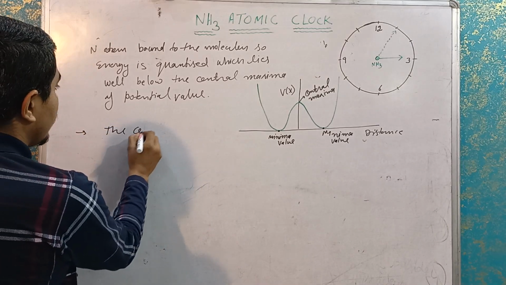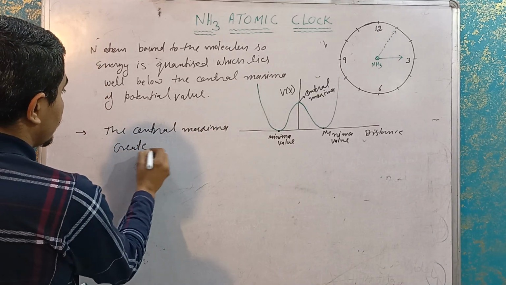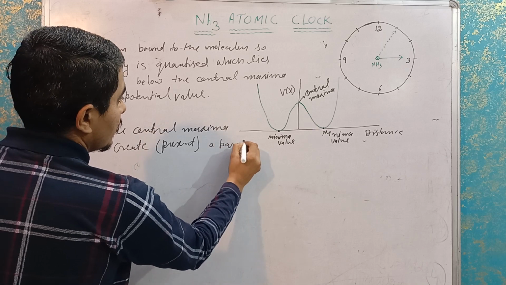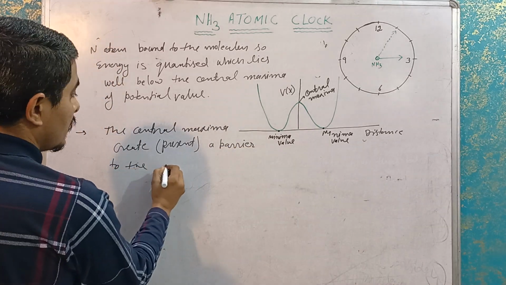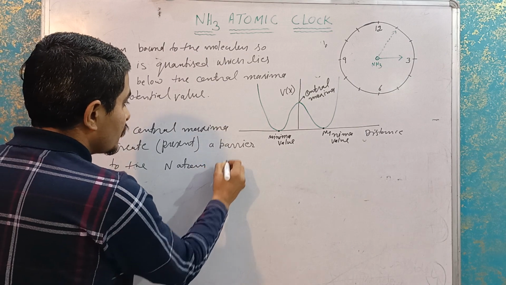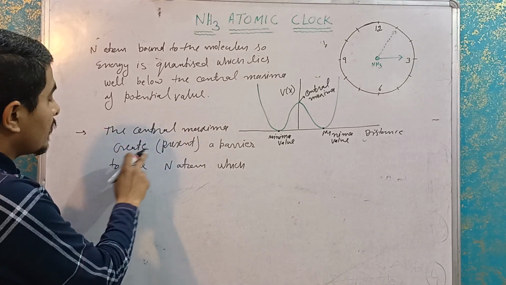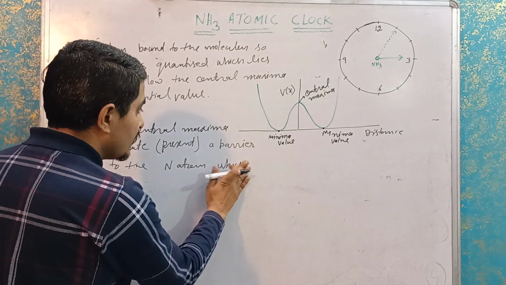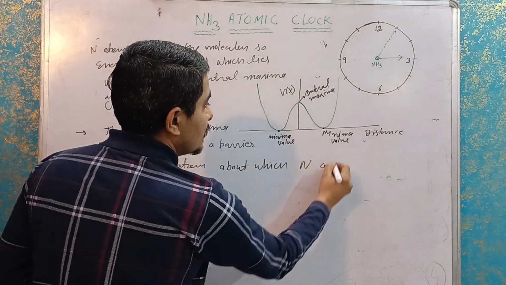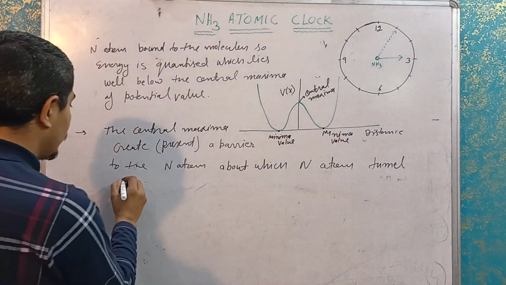The central maxima creates, or you can say presents, a barrier to the nitrogen atom, about which the nitrogen atom tunnels back and forth.